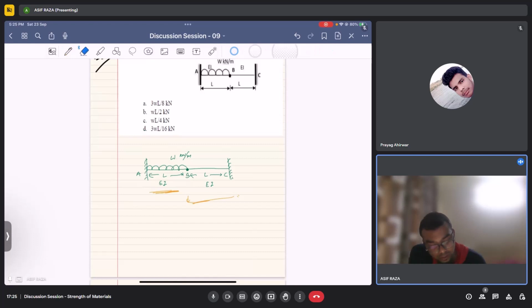So consequently, what will happen if we take the case part by part? Due to this loading condition, it will try to go down, but there would be a reaction force developing here.